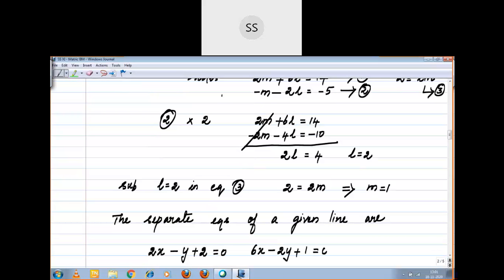Next, 6x minus 2y, your M value is 1, plus 1 equal to 0. Got it, children? Once again, I am going to repeat. You have to listen carefully.